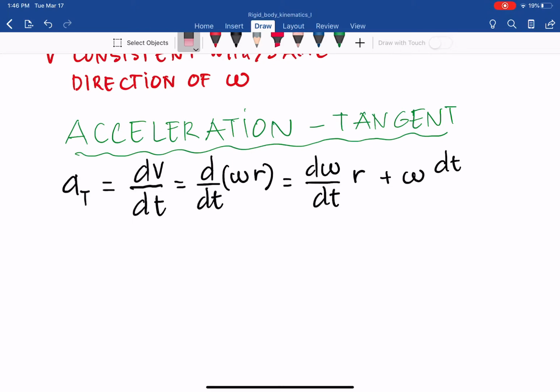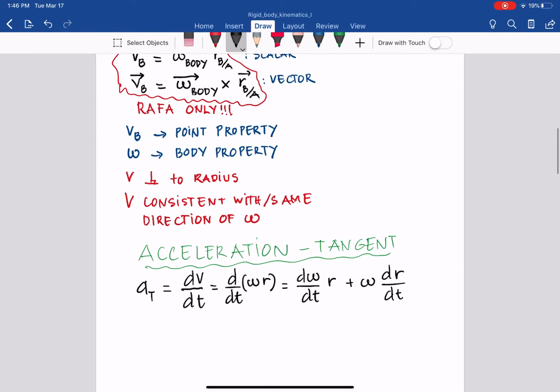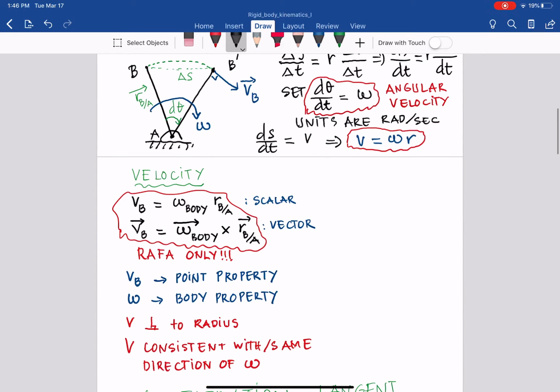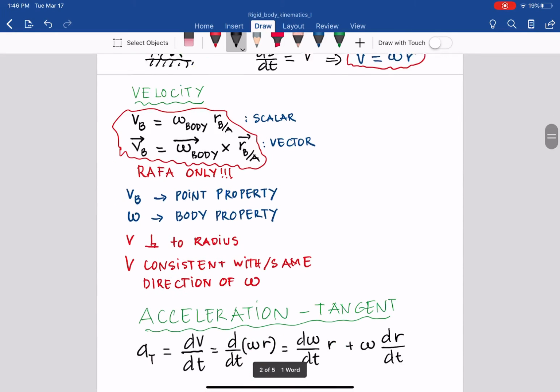d r over dt. But as you can see, this is a rigid body. What is the radius? The radius is from the fixed point A to any point that we study, in this case for the acceleration, point B. For the rigid body AB, regardless of how it moves, we assume it is rigid, so that radius remains unchanged over time.